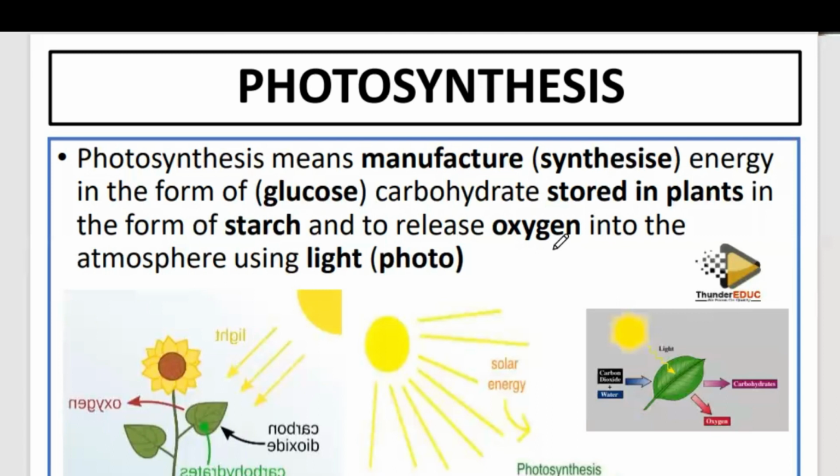Number one, by getting the glucose the plants have manufactured so that we become full and energetic. Number two, we use the oxygen the plants produce, because to break down this food which has been manufactured, you require oxygen, and then energy is produced again after breaking down.